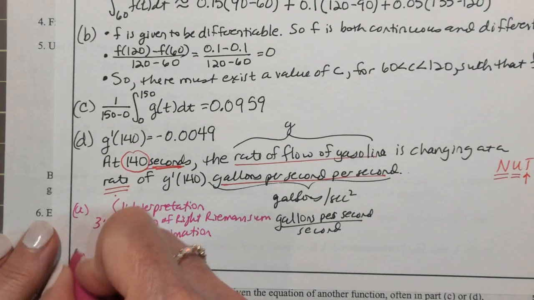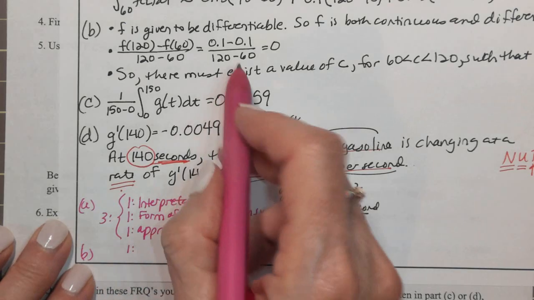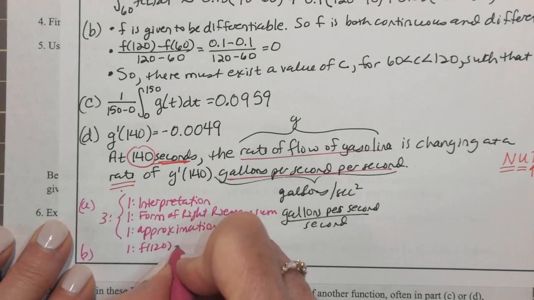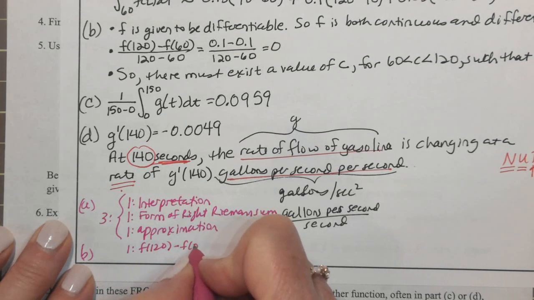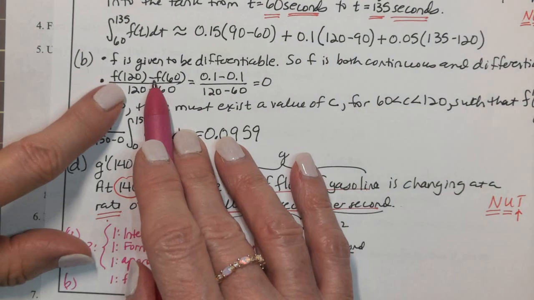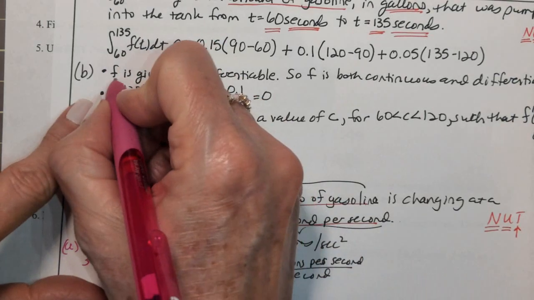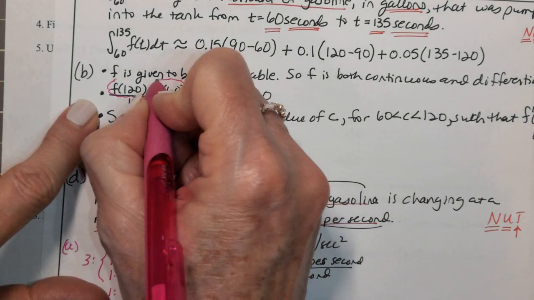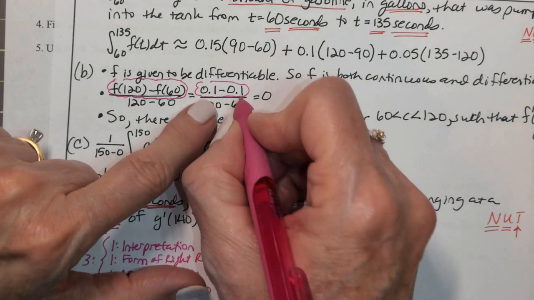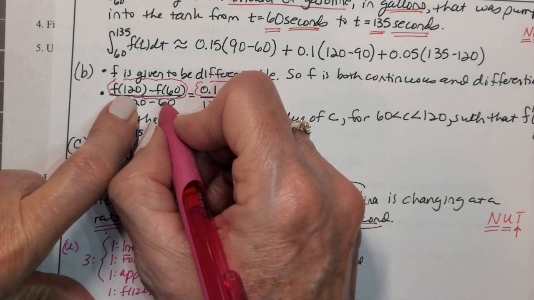Part B was worth 2 points. 1 point was for saying that f of 120 minus f of 60 was 0. So you guys, when you're doing this, you need to show that. You need to show this part and this part, the values from the table and what their meaning is, okay?